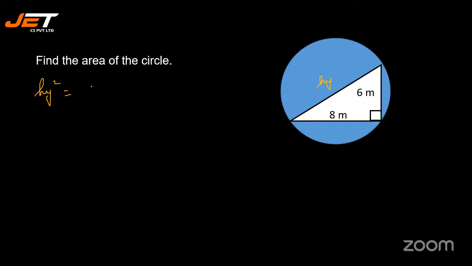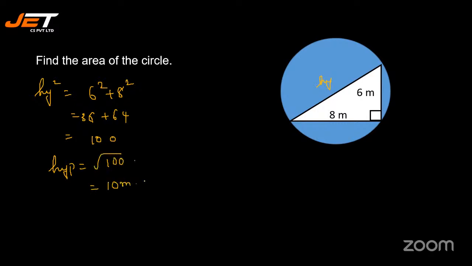So hypotenuse square is 6 square plus 8 square, which is 36 plus 64, which is 100. So what is hypotenuse? It is root of 100, which is 10 meter. Right? So the radius of the circle will be half the hypotenuse, which is 5 meter. So this would be the radius.